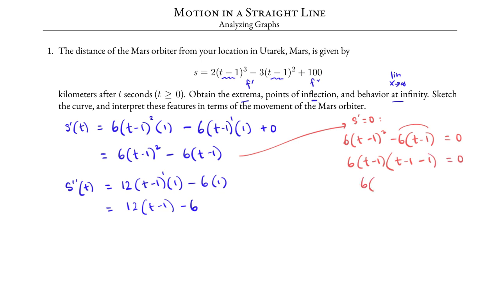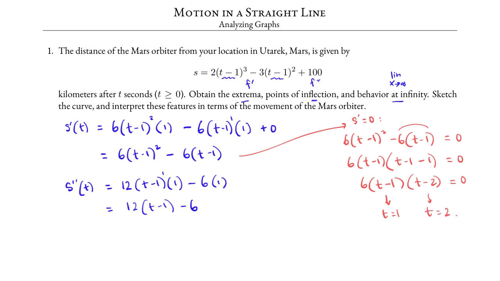This gives us 6 times (t minus 1) times (t minus 2) equals 0. This is a zero product. Using the zero product property, t minus 1 equals 0 gives t equals 1, and t minus 2 equals 0 gives t equals 2.